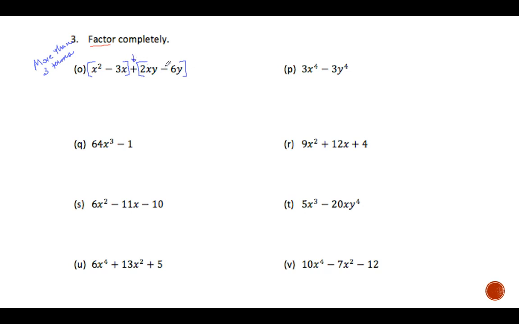That makes my job a little bit easier. Now, when I look at what's in common in this group, I pull out an x, and I get an x minus 3. What I would like to do is to get an x minus 3 over here as well. Is that possible? Can I pull something out of here such that I'm only left with an x minus 3?